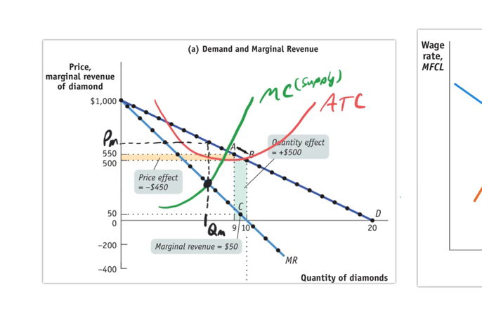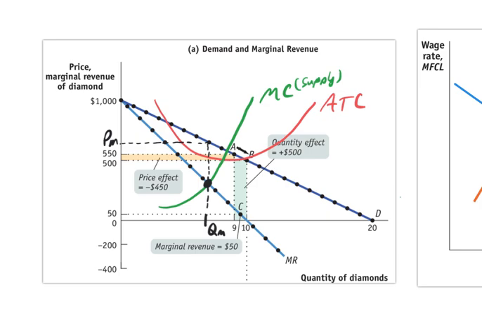Remember what we learned when we compared a monopoly to a perfectly competitive firm: a monopolist will charge too high of a price and produce too small of a quantity, and perfectly competitive firms produce more and at a lower cost to the consumer.